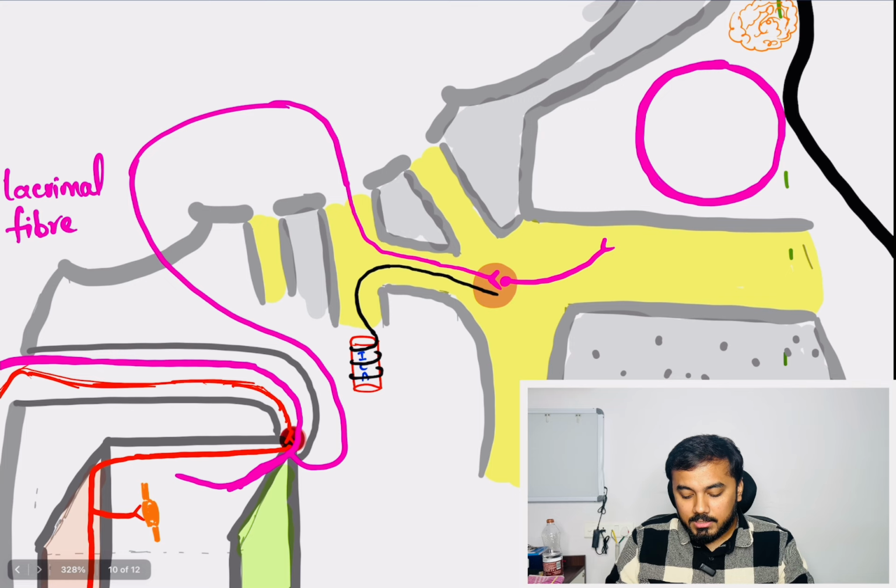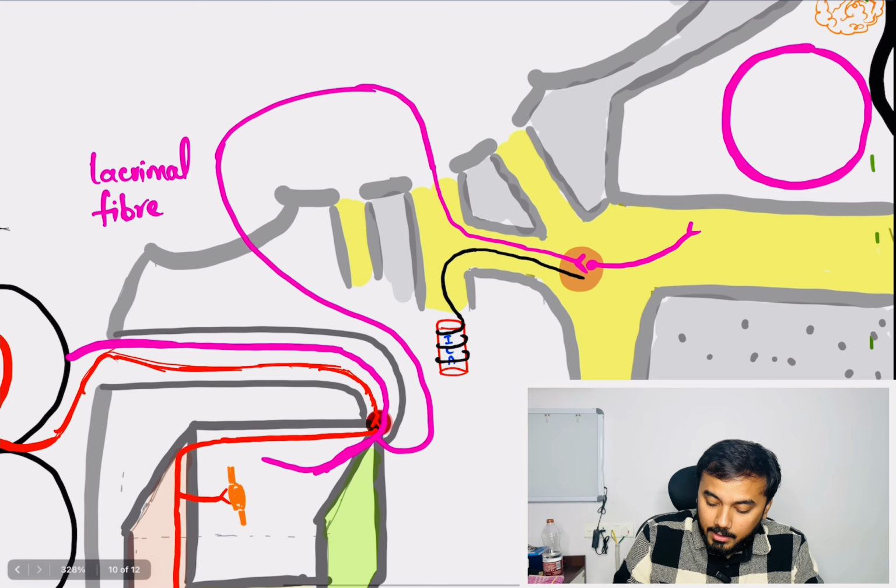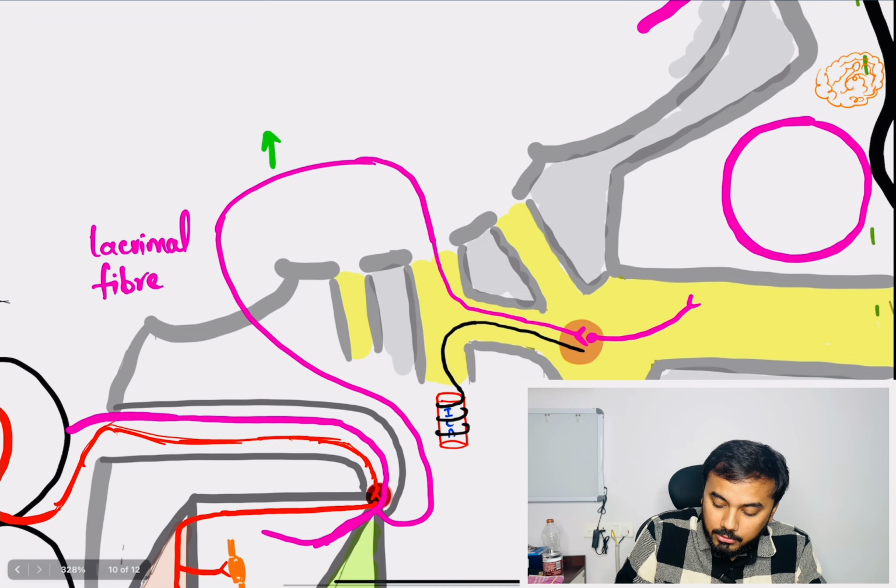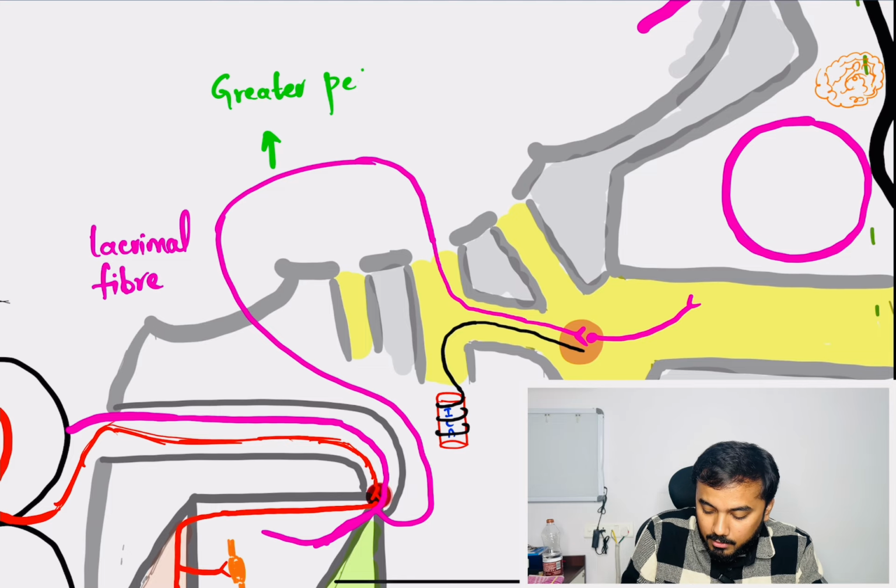You know what are these names? This lacrimal fiber, now you can call this lacrimal fiber as greater petrosal nerve.